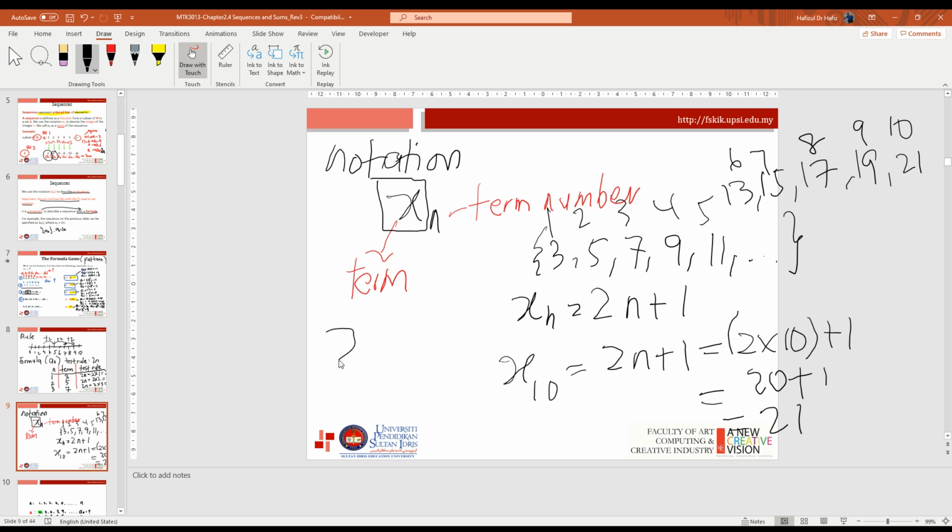If you have, for example, x10, you can use 2n plus 1, which is 2 multiplied by 10, plus 1, equivalent to 20 plus 1, which is 21.